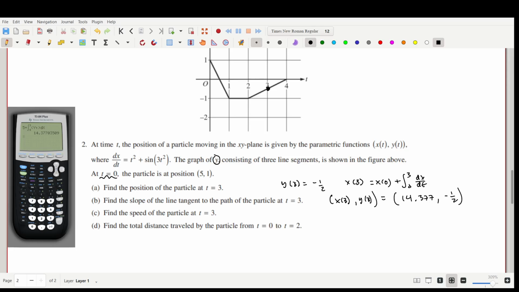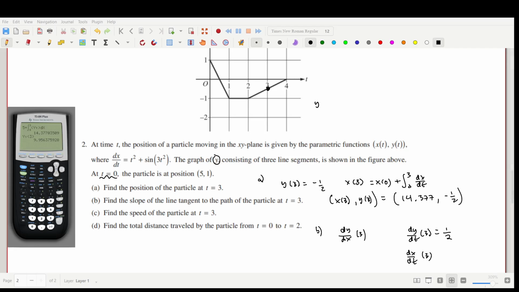All right. Find the position of the particle. Sorry, find the slope of the line tangent to the path of the particle at t equals 3. So that's just dy/dx at 3. And dy/dx is dy/dt over dx/dt. So dy/dt of 3 is positive a half, because the slope is positive a half. Notice this is y, not dy/dt. And then dx/dt at 3, we just go to my calculator and just go alpha trace, y1 of 3.